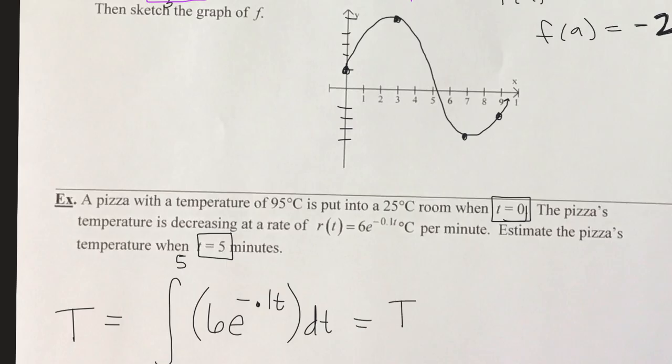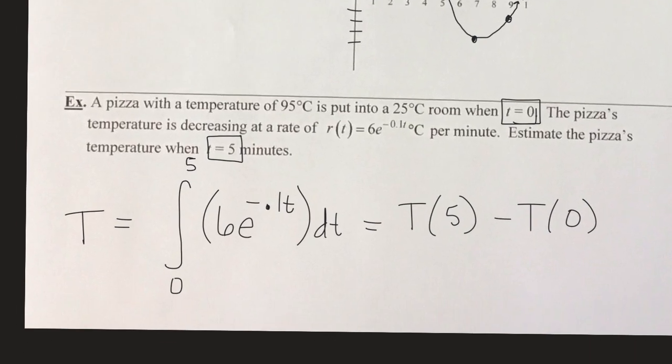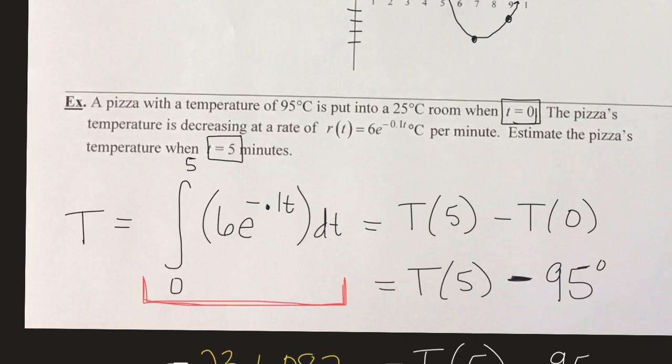And that equals the temperature at time 5 minus the temperature at time 0. Okay, so that's how we're going to use this fundamental theorem now to figure out what the temperature is after 5 minutes. So let's turn our calculators on again so that it can help us take this antiderivative, because Lord knows I don't want to do that by hand.